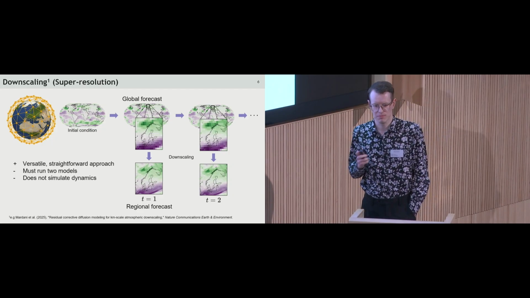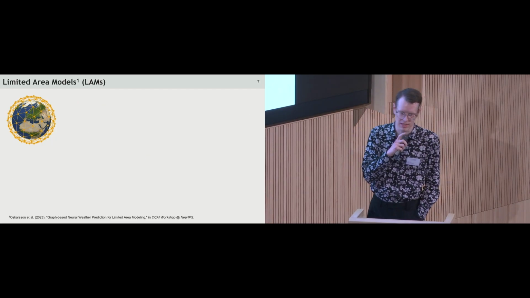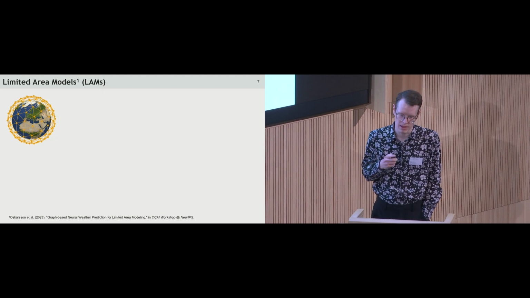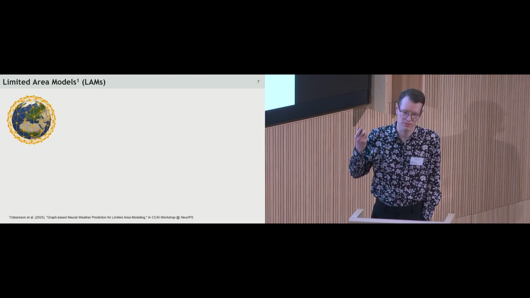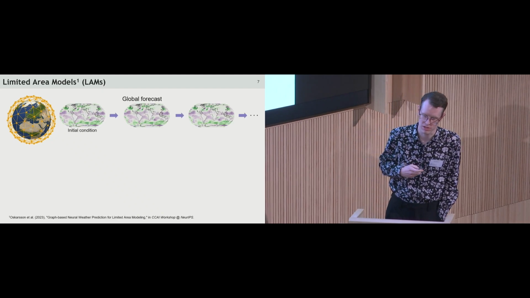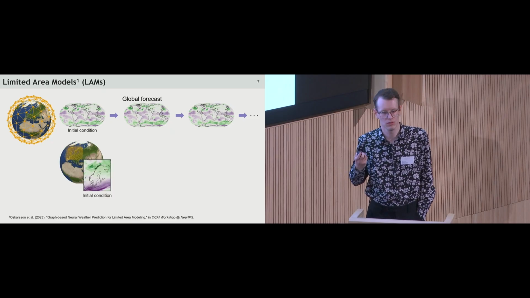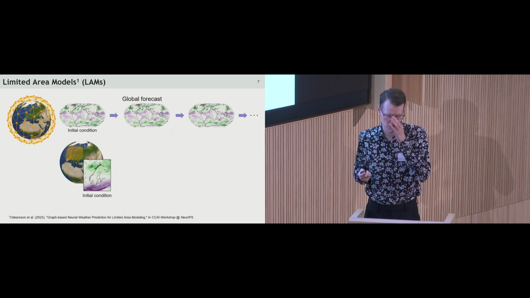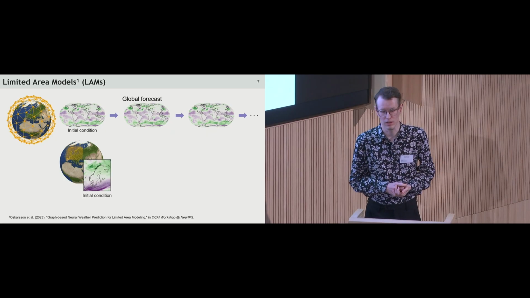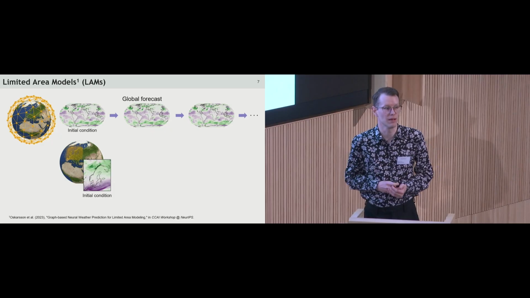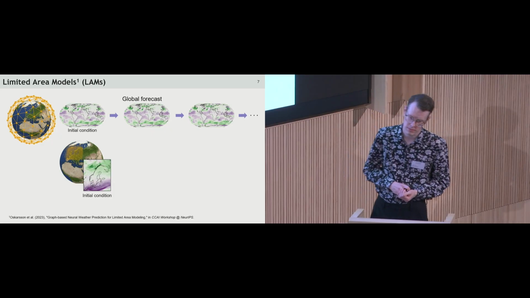So that brings me maybe to the final setup here, which is that of limited area models. And again, here we would assume we have some global model, create a global forecast at coarse resolutions, but we would also set up a model to run purely regionally, starting from a high resolution regional initial condition, and then try to actually simulate dynamics at this higher resolution.